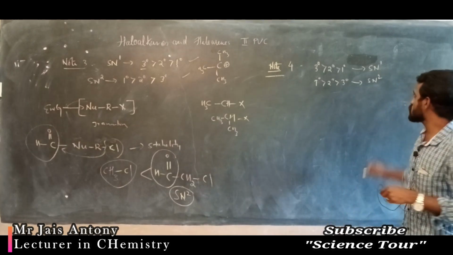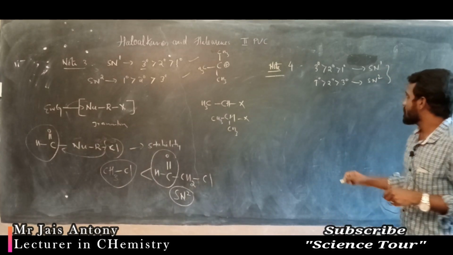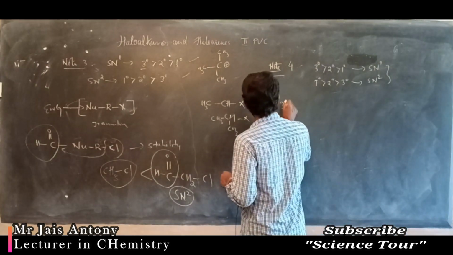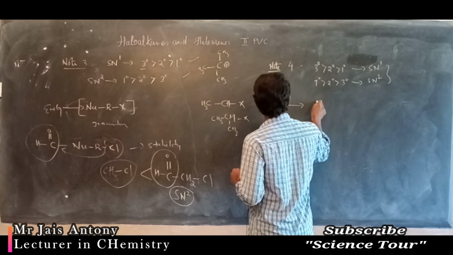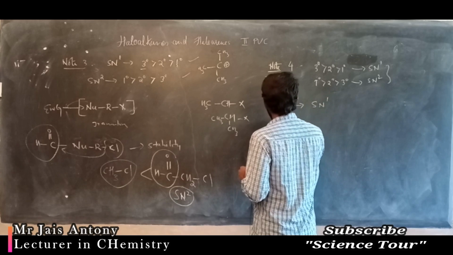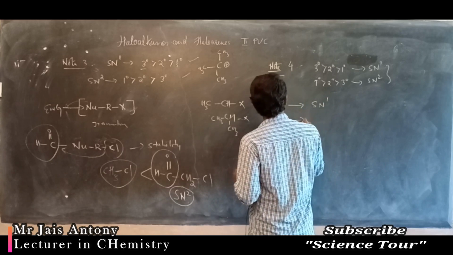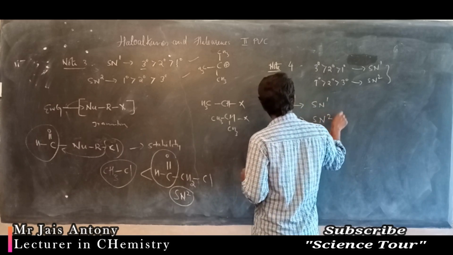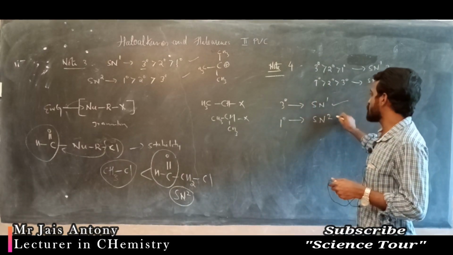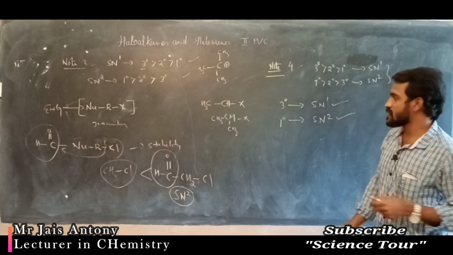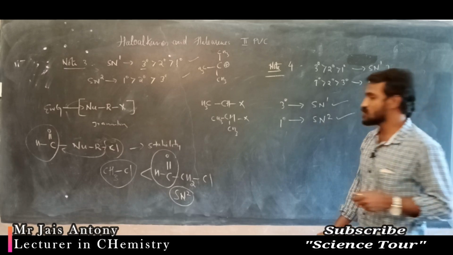Look at these two reactions. If a tertiary carbon is there, it always favors SN1. If a primary carbon is there, then it always favors SN2 reaction. Tertiary carbon is there, it always favors SN1. Secondary carbon is there, primary carbon is there, then it is SN2.